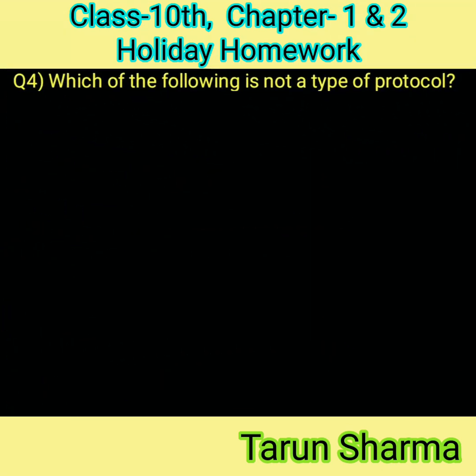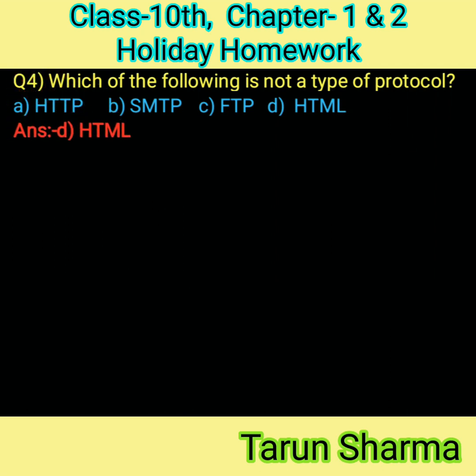Next question 4: which of the following is not a type of protocol? Option A HTTP, option B SMTP, option C FTP, and option D HTML. Answer is D, HTML.